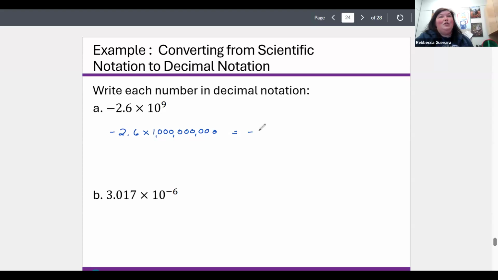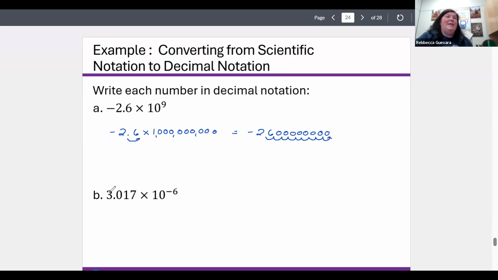I need to put behind it 2, 6, 1, 2, 3, 4, 5, 6, 7, 8. Add one extra zero there, because all we're doing is that when I multiply these together, this is going to move this way 9 times. 1, 2, 3, 4, 5, 6, 7, 8, 9.